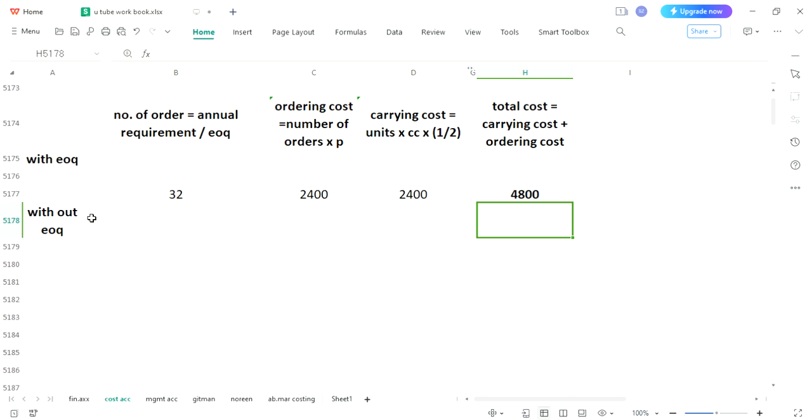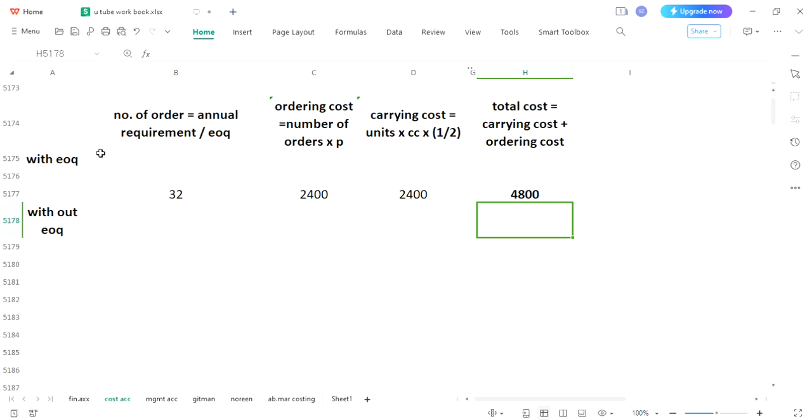At this stage we will calculate all of these elements with reference to a stage where you are not considering economic order quantity. Obviously, EOQ you have learned for the first time, and several organizations in Pakistan or India or Bangladesh or Sri Lanka, they do not know this concept of economic order quantity.